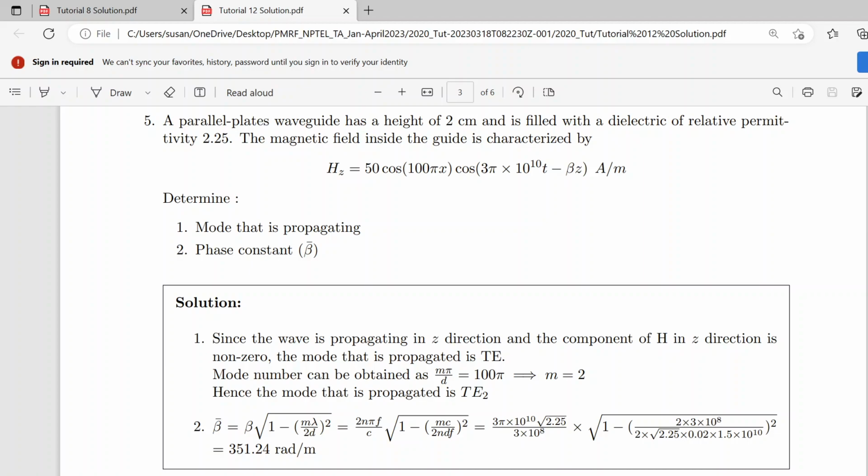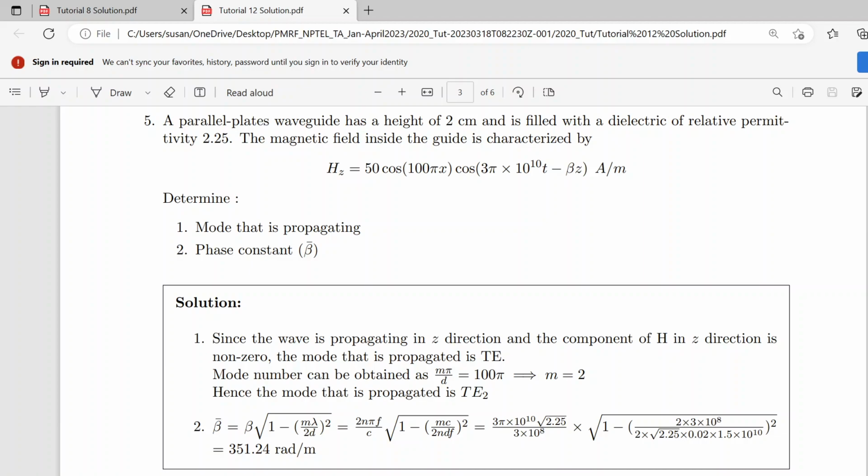You see n is nothing but root epsilon r, so please don't confuse. If you have velocity c, then c by root epsilon r is the actual velocity because it's a dielectric filled guide. Instead of c by root epsilon r, we can also say c by n.